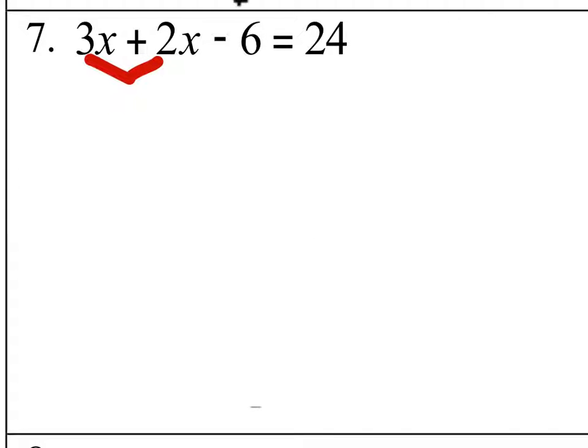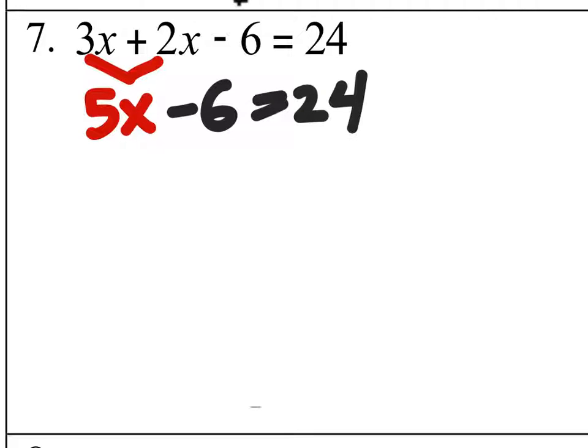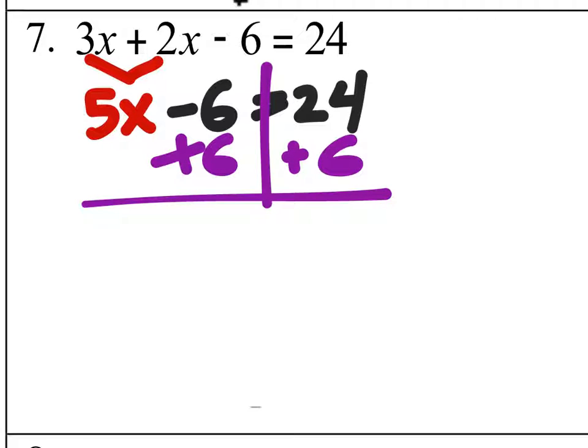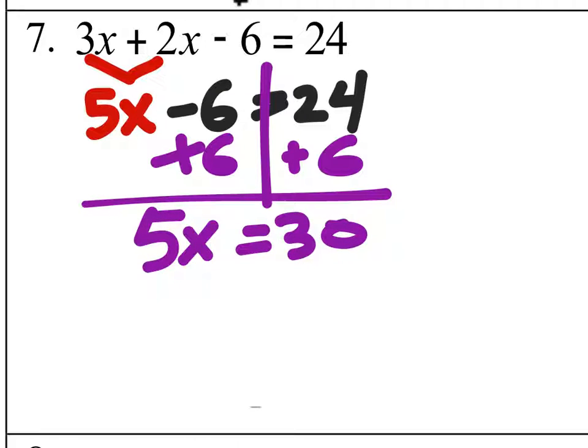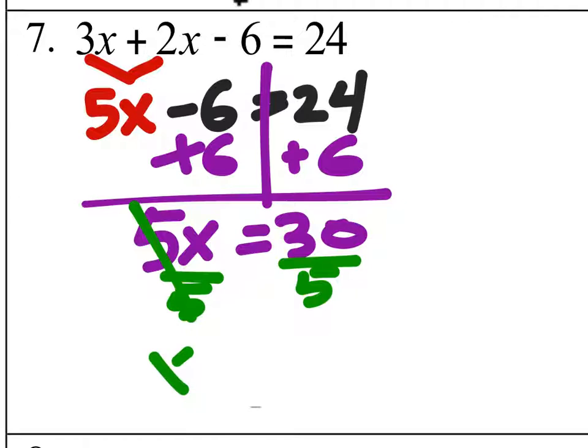So combining the 3x with the 2x gives us 5x minus 6 equals 24. So adding 6 to both sides we get 5x equals 30. And then we'll divide both sides by 5. 5's cancel out into 1, giving us 1x equals 6.